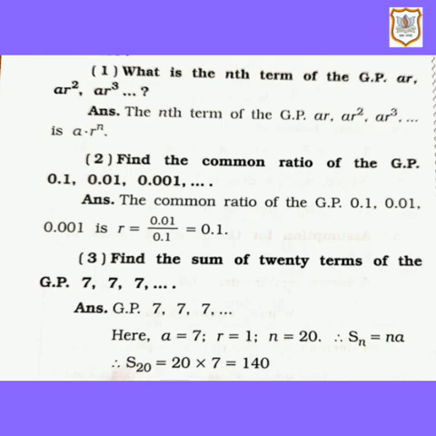Now we put the values in Sn is equal to n multiplied by A. N is 20, A is 7. So S20 is equal to 140. So the sum of 20 terms, S20, is equal to 140.